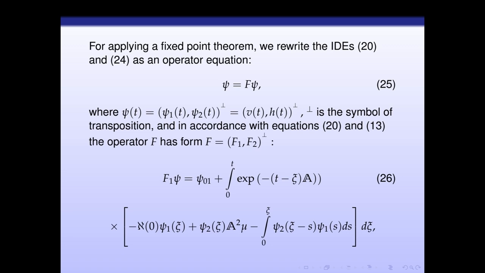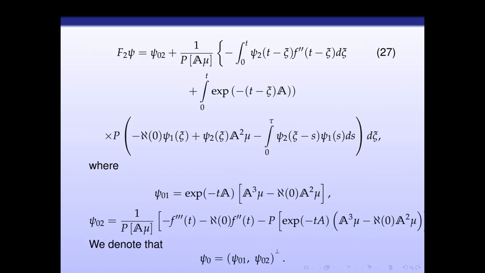The operator f has the form of a vector of functions f1, f2. Formula f1 is defined by 26, and formula f2 is defined by 23. Here we define xi01, xi02 such that they follow from the given data. We also denote by xi0 the vector with coordinates xi01, xi02.